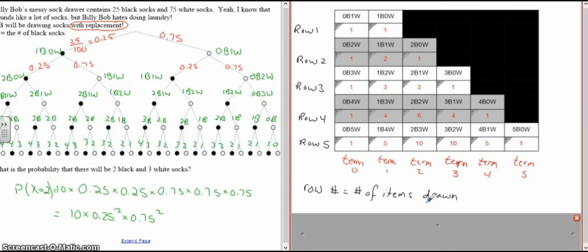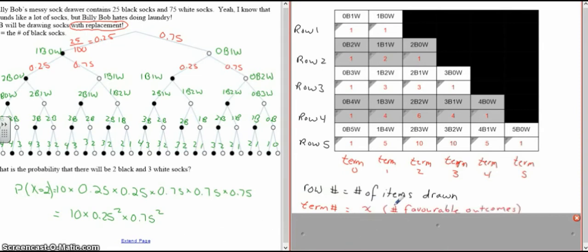So the number of items that you draw is the row, and to get the term number, if we wanted 3 black socks, or if we wanted 3 red marbles, then that's the term number. So the term number is the value of x.